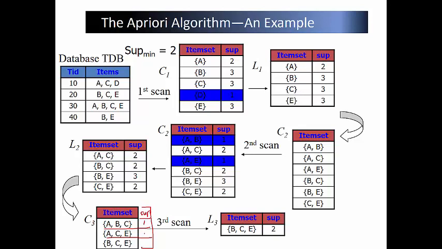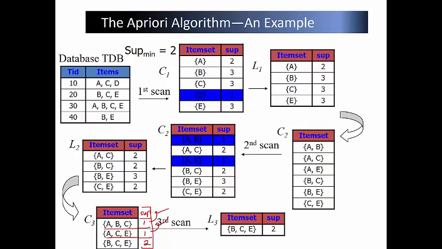Only one here. BCE. Transaction ID 20 and transaction ID 30. So two of them here. So these two will be out, right? Therefore only one remains.